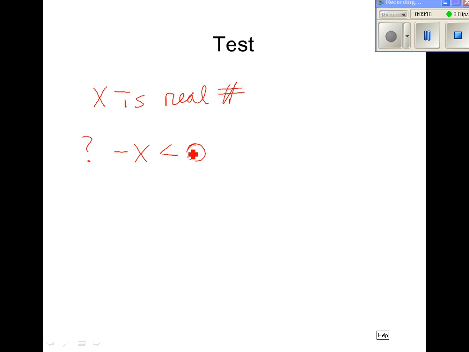If it's false, we have to give a counterexample. Real numbers are every number that you've ever dealt with in your mathematical career. There are other numbers, but you don't know them yet, so we won't deal with them yet. X is all real numbers.